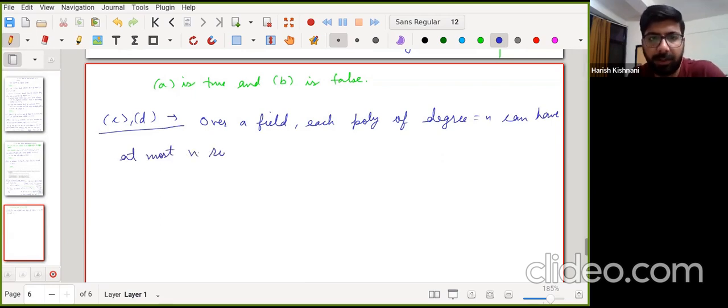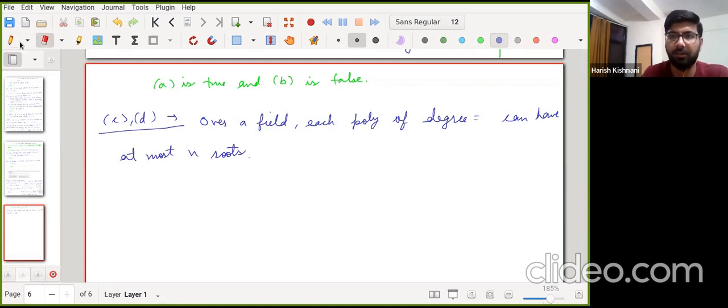This is not the case when you are not in a field, but over fields you always have this property that each polynomial of degree n has at most n roots, right?